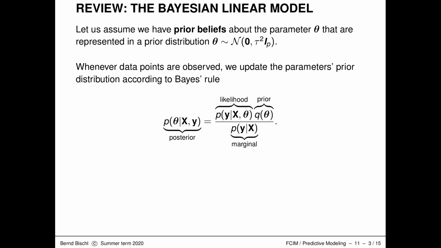If I know something about my parameter vector, I could center this around a different point and make this a little bit more peaked, but I will not do this here.